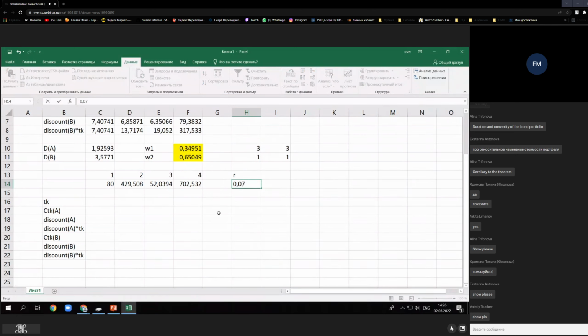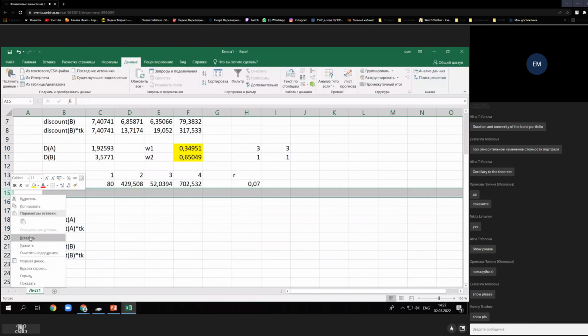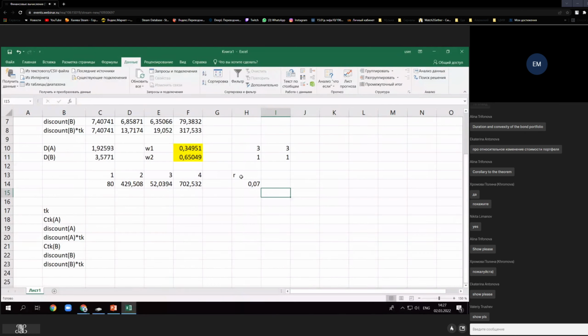The rate has changed, but we are in 1 year from the very beginning. It means our construction in time has changed, because in 1 year after the very beginning of our investment, we will have the following situation. We will have this rate, and we will have this construction.